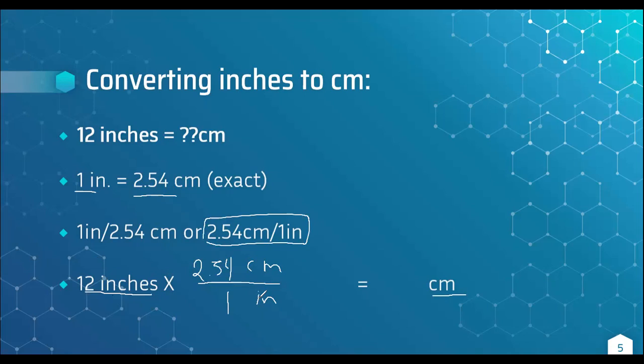And when we do that, 12 times 2.54, we get 30.48. Sorry, 30.5. I'm going to put this as 12.0 so we can have 3 sig figs.